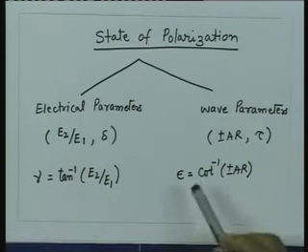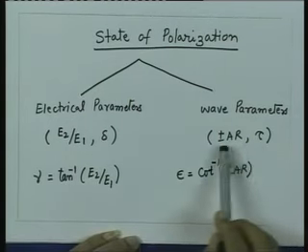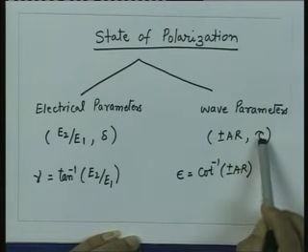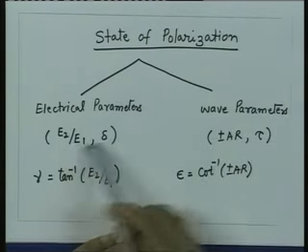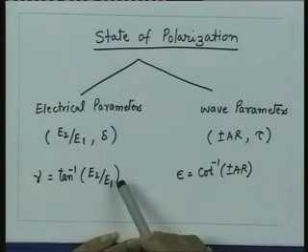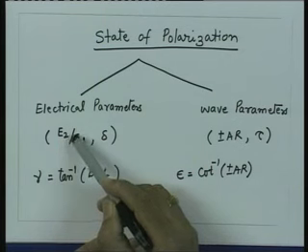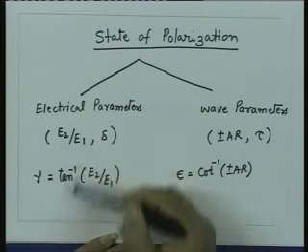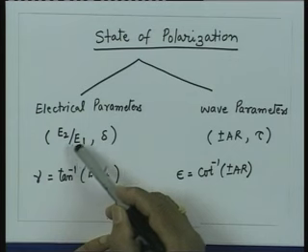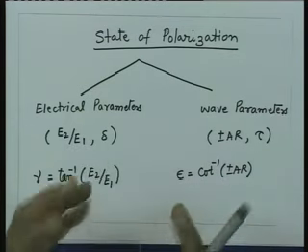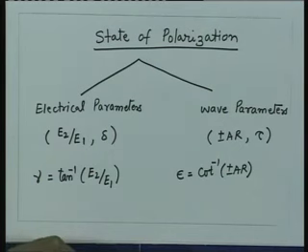What we now do further, is that here we have one parameter which is a number and the other one is an angle. This is a ratio, which is a number, and an angle. We try to represent these quantities which are numbers also in terms of some angles, and then we will see the utility of this: if we define both the parameters in terms of angles, then maybe one can have a very compact representation of the states of polarization, and that is what is called the Poincare sphere.